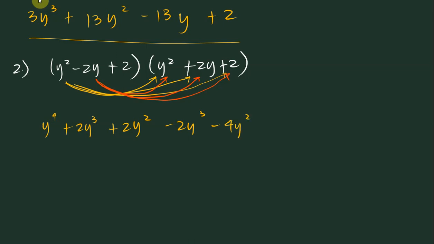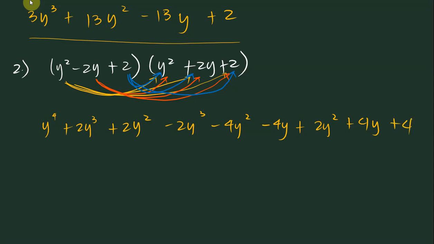And then minus 4y. And then for the last one, we have plus 2y squared, then plus 4y, and then plus 4.